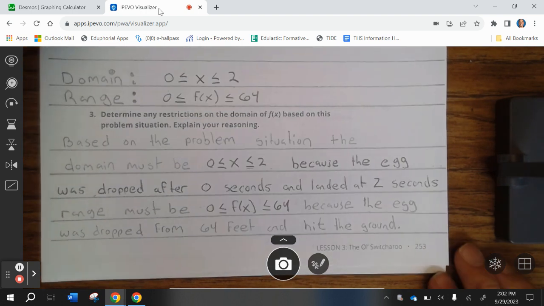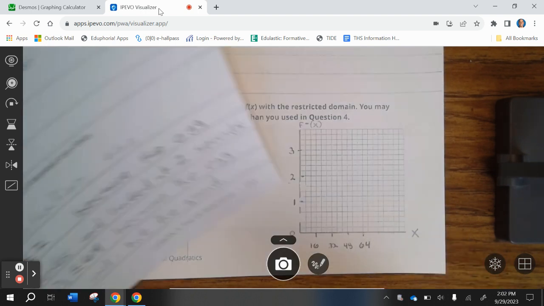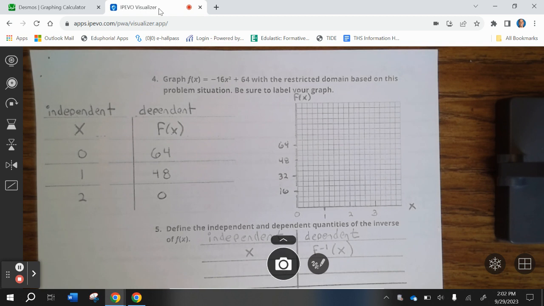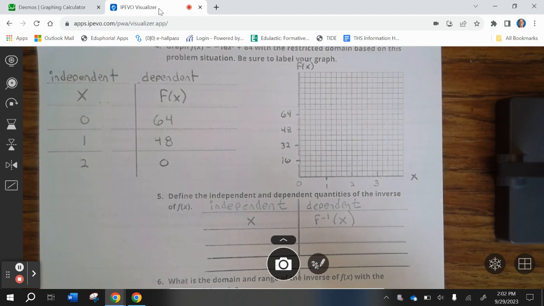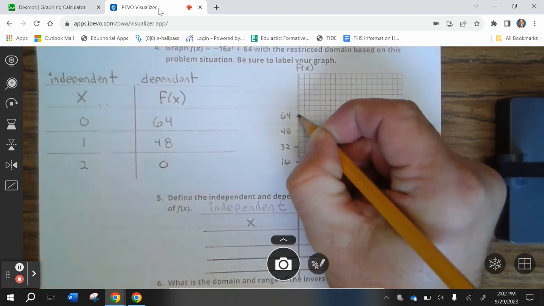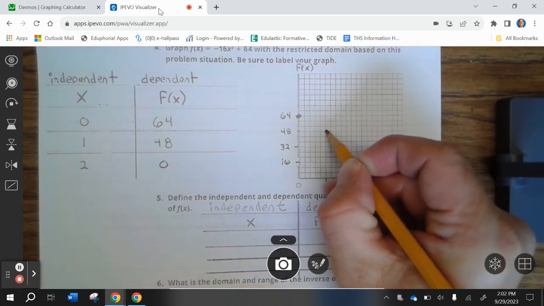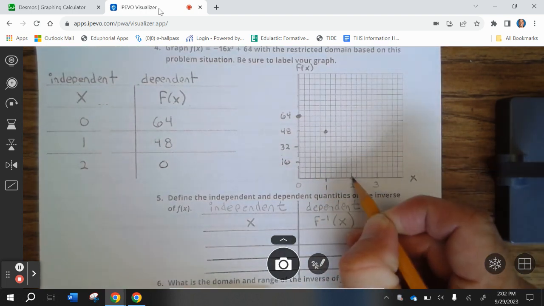All right, let's take a look at the next page. Graph f of x equals negative 16x squared plus 64 with the restricted domain based on a problem situation, which we did on the previous page. So let's just do that again. 0, 64, 1, 48, and 2, 0.